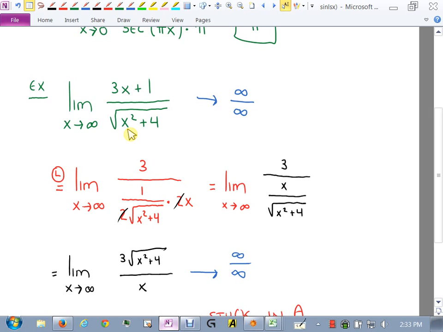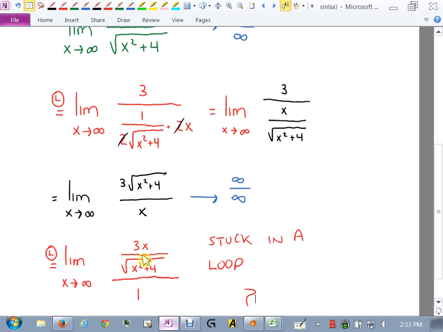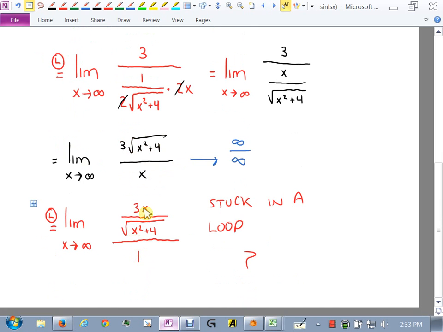You did L'Hopital once, you turn up with the square root of a quadratic over a linear. Then you do it again, and you turn out with the linear over the square root of a quadratic again. That's what the original one was, linear over square root of quadratic. So if you do it again, you're going to wind up probably with square root of quadratic over a linear. And then you'll go backwards and keep flipping back and forth. So you're going to go nowhere.